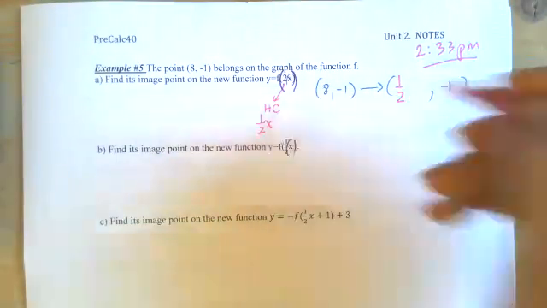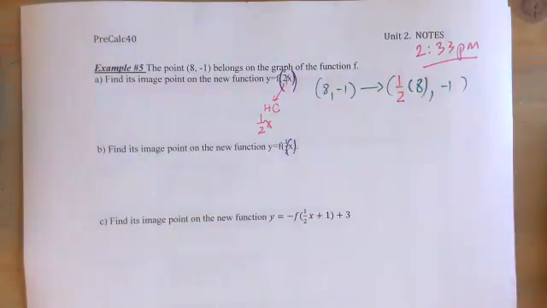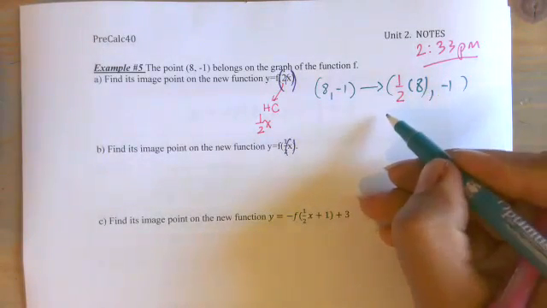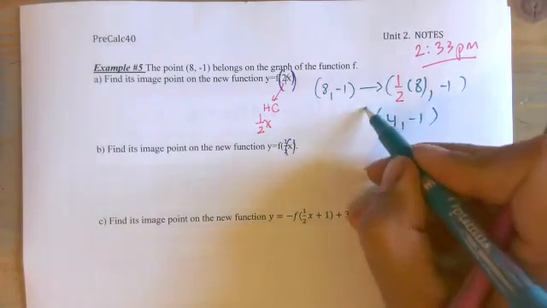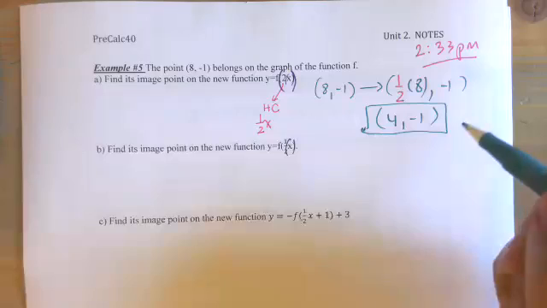So we have to do 1/2 times the previous x, which is 8. 1/2 of 8 is 4. So (4, -1) is our point on the new function.